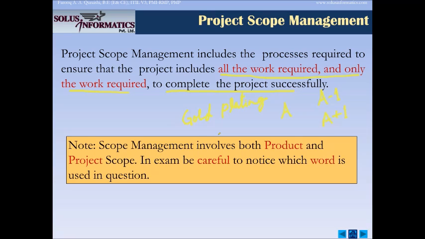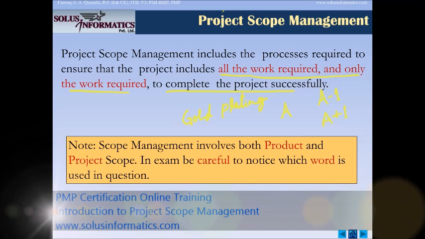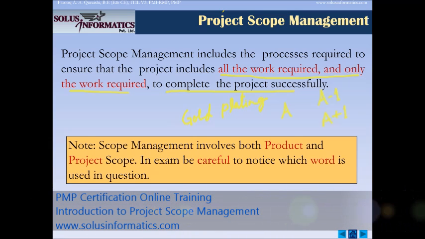Doing few enhancements or adding some scope free of cost is gold plating. But again, most of the companies in India, they do it because without that they cannot survive. That's the other side of the coin though. But for your exam, as per the PMBOK guide, no gold plating.